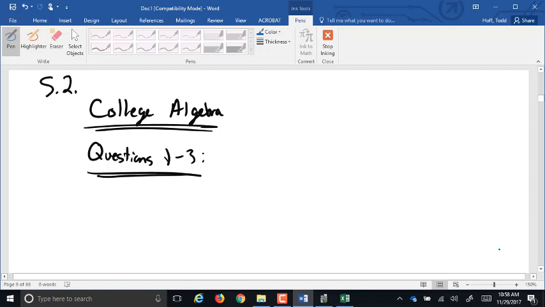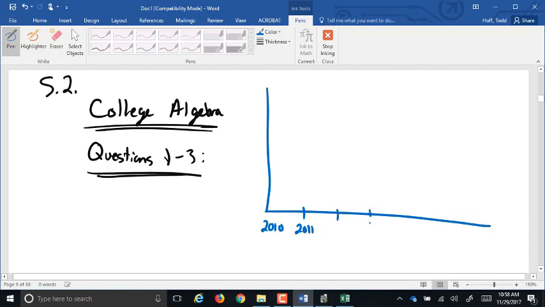So for the graph they gave here, student success in college algebra, I'm going to do this just kind of roughly. It goes from 2010 all the way up to 2016.